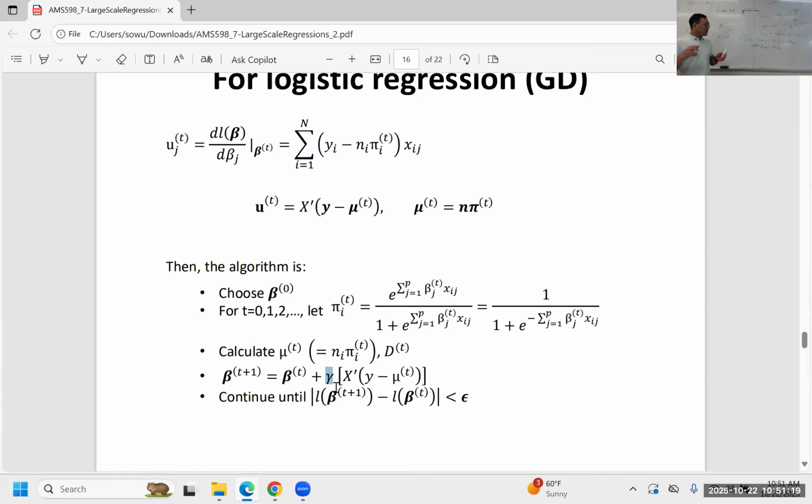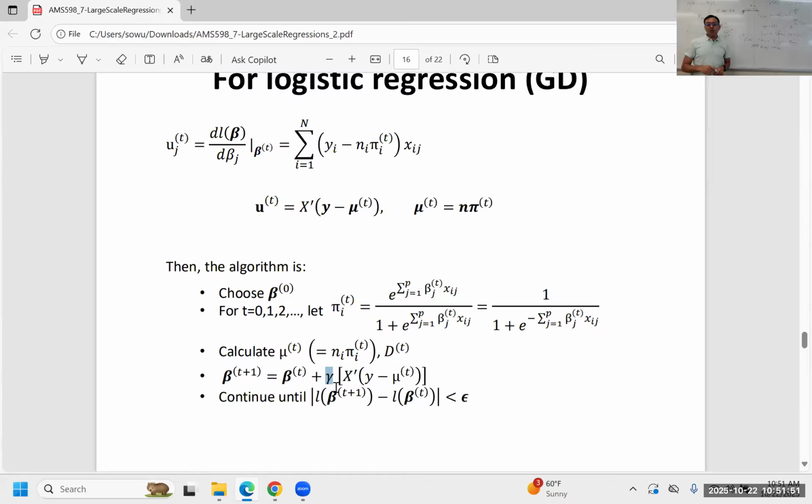But as you get closer to the maximum point, you want your step to be small, because taking a big step when you're already close may take you way off. So in general, you want gamma to be big at the beginning of the algorithm, then gradually go down to a smaller value. There is some theory behind it.